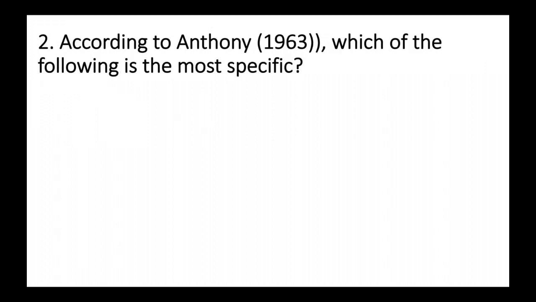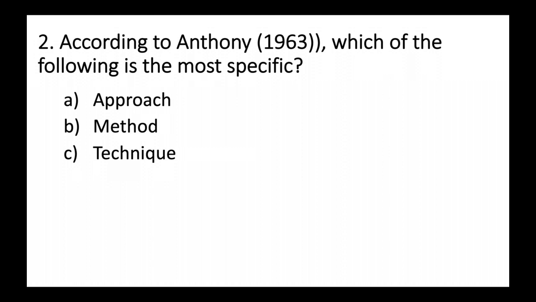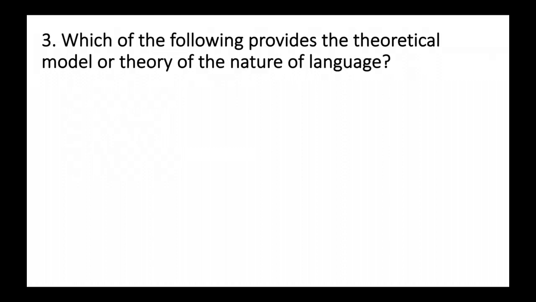The second question that we have is, according to Anthony, which of the following is the most specific? Is it approach? Is it method? Or is it technique? And then moving on, the third question is, which of the following provides the theoretical model or the theory of the nature of language?